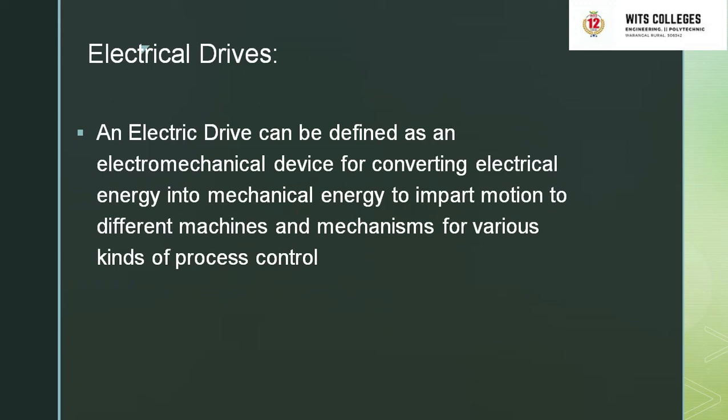If a drive uses an electric motor as a prime mover to convert electrical energy into mechanical energy, that is known as an electric drive. For a prime mover, we can use diesel engines, petrol engines, hydraulic motors, or electric motors. We can use all these things.